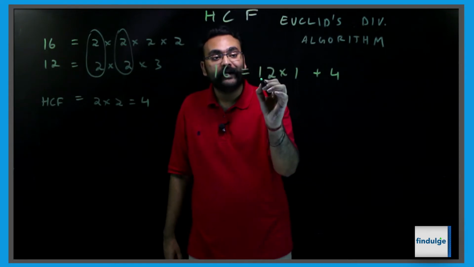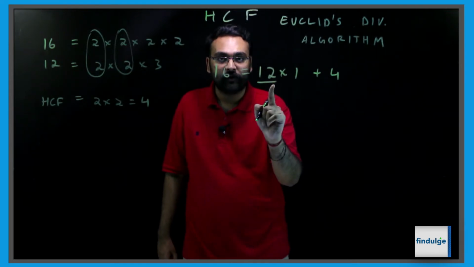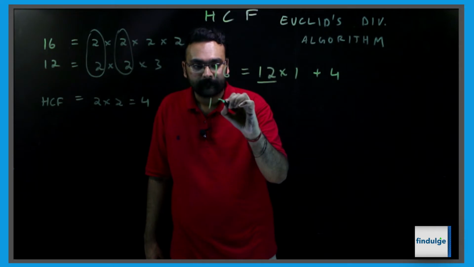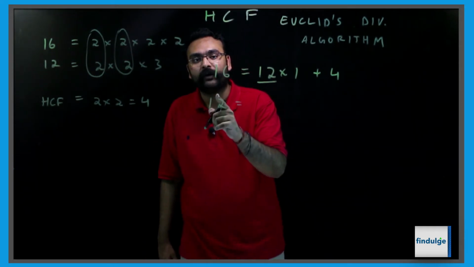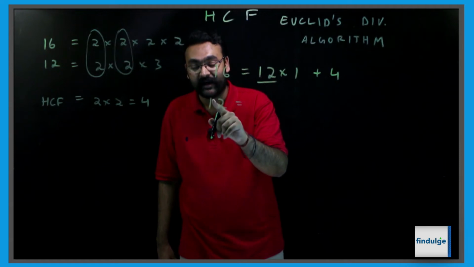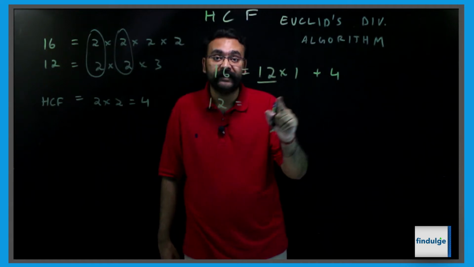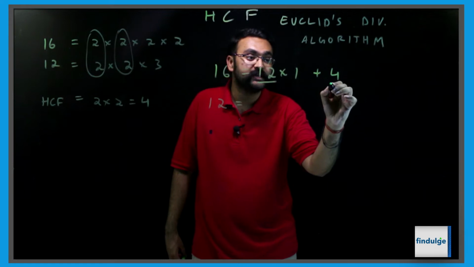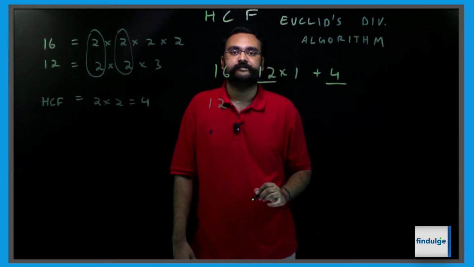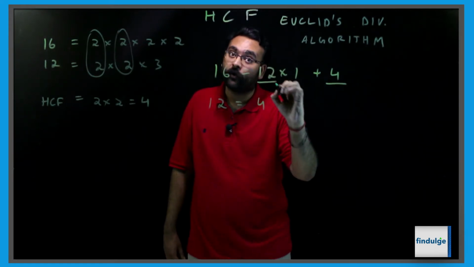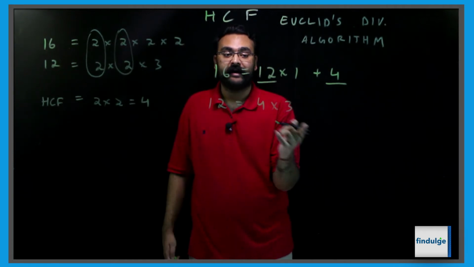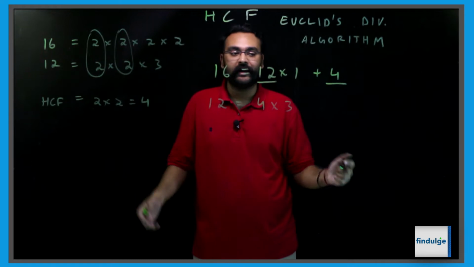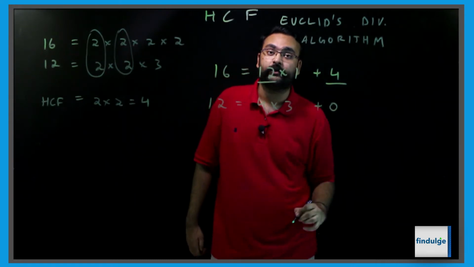Now, we take the b of this step and write it. Now it becomes our first number, the a, and we'll write it in bq plus r form using our remainder as b. So 4 multiplied by 3 to get to 12, and now look, 4 into 3 is exactly 12, so the remainder is 0.